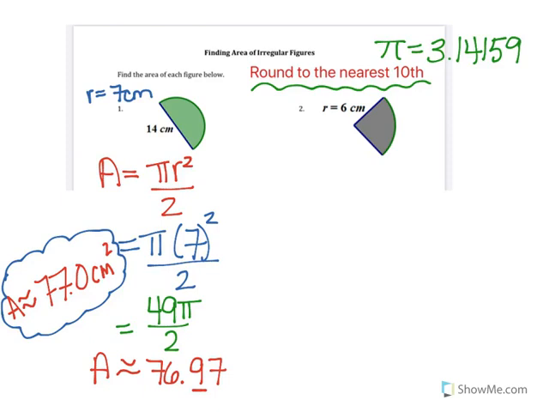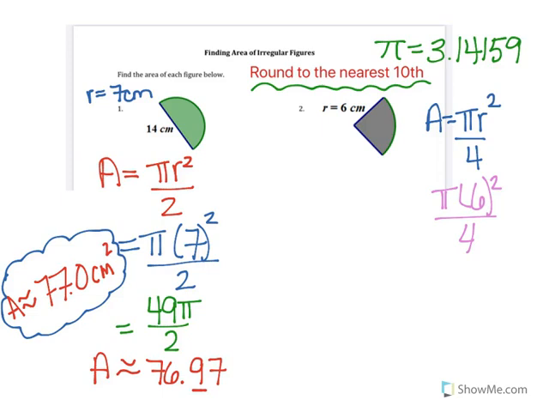Now number 2 is an example of a quarter of a circle. So just like in that first one, we know that the area formula of a circle is pi r squared, and since this is a quarter of a circle, we're going to divide by 4. So this one tells us that the radius r is 6 centimeters, so we are going to replace the r with 6.